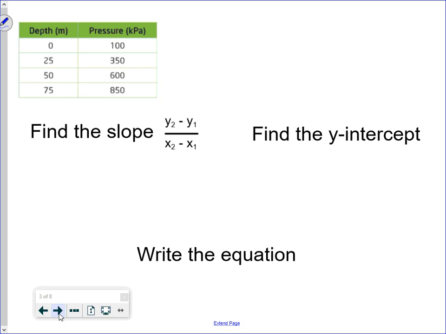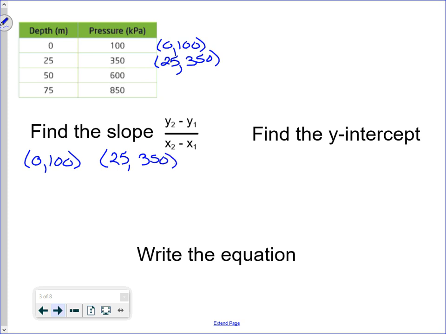So I'm going to choose the first one of 0, 100, and the second one of 25, 350. So with these 2 points, we just want to label them as x1 and y1, and x2 and y2. So my first point will be x1, y1.